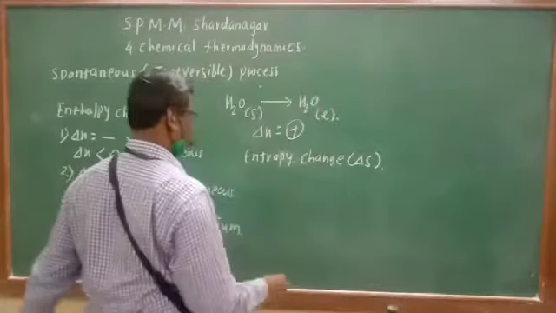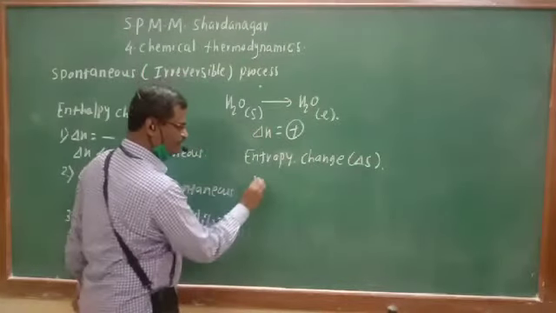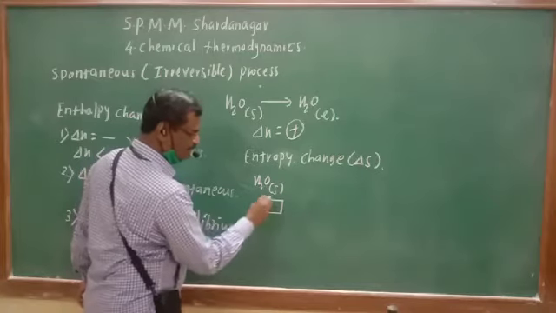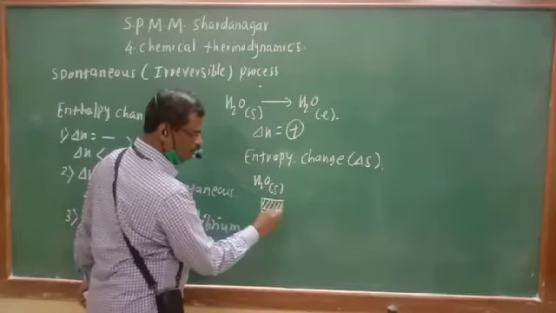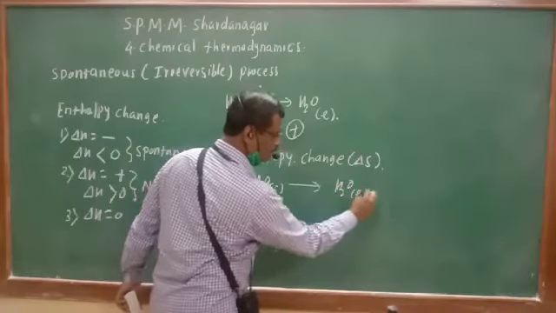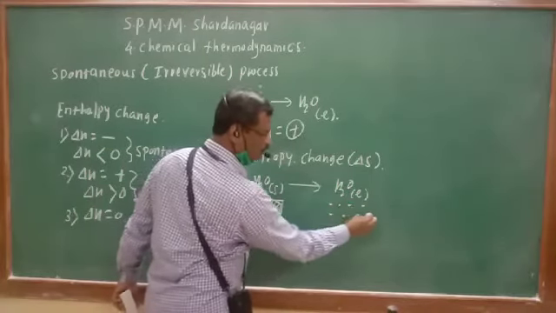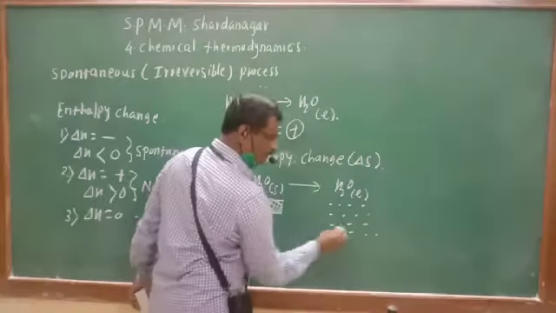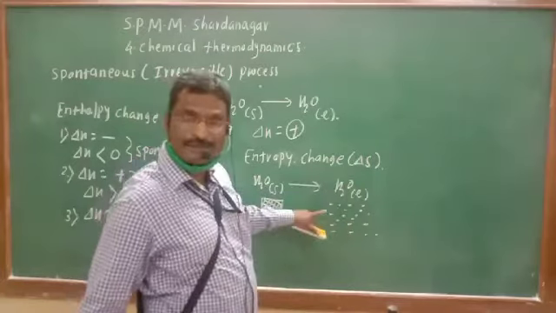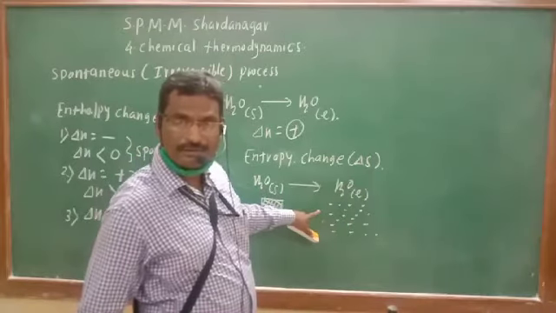So for example, let us consider this case, H2O solid. Solid is nothing but ice, where molecules are close to each other. Whenever converted to H2O liquid, molecules go quite away from each other. As molecules are away from each other, what happens?